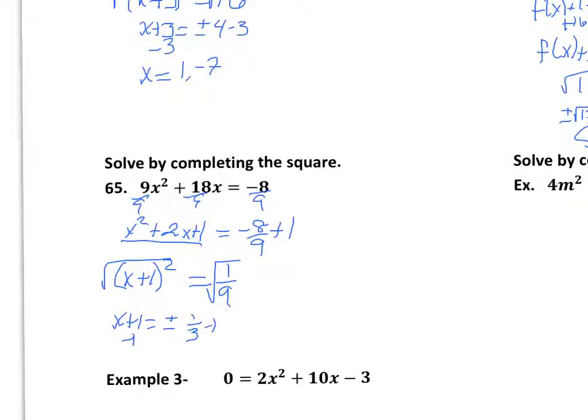Okay, now again, we got to be careful. If it's positive 1/3, 1/3 minus 1 is negative 2/3. If it's negative 1/3, negative 1/3 minus 1 is negative 4/3. And there are your two solutions.